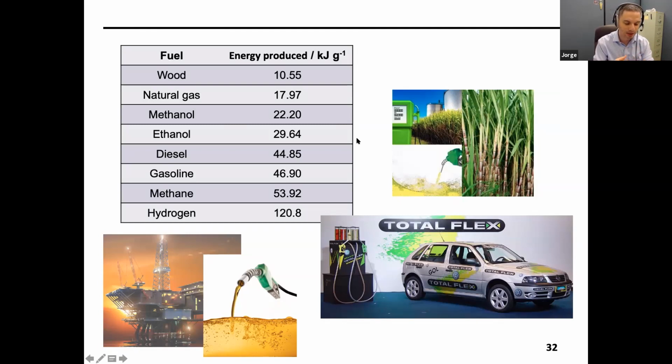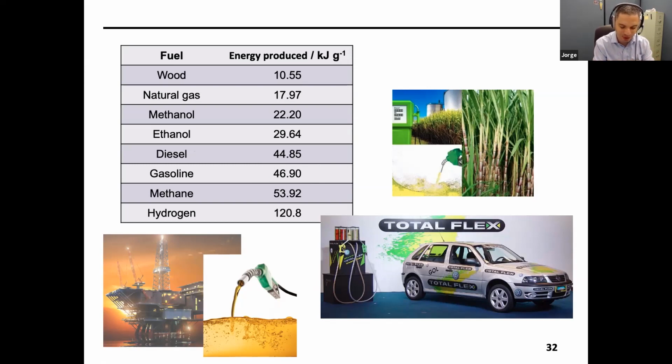And because there is a lot of space there and the ideal climate, sugarcane is a very big thing and it's very cheap to produce ethanol. So that's why ethanol is very popular and total flex cars are very popular there as well. So the thing I want you to look here is that gasoline, first of all, is very cheap to produce and produces a lot of energy per gram of fuel.